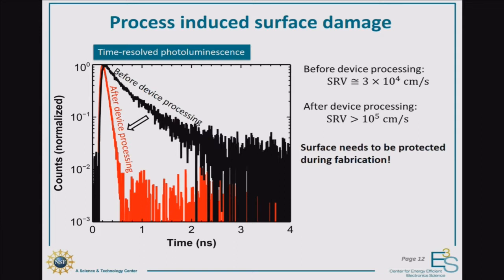In the process of fabricating these devices, the active region gets exposed to the various process conditions, and because of that, somehow the surface is getting damaged and the surface recombination velocity increases dramatically, to greater than 100,000 centimeters per second. This is shown in this time-resolved photoluminescence measurement from a device before processing, after the ridge was dry etched, and then after device processing, but before the antenna was added. We can see a decrease in the decay rate simply because of the increase in the surface recombination velocity.